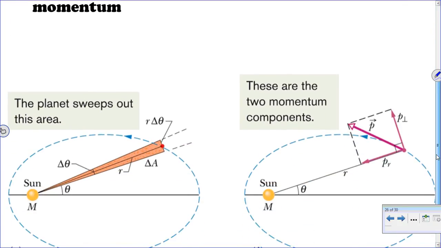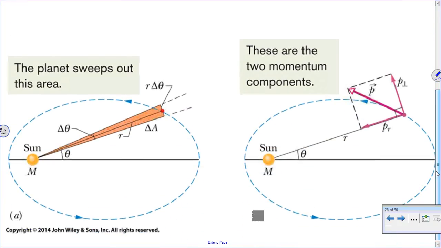And Kepler took it a step further, and he realized that if you pick any amount of time, 1 day, 1 hour, whatever, the planet will, in any 1 day, always sweep out the same area during that time.